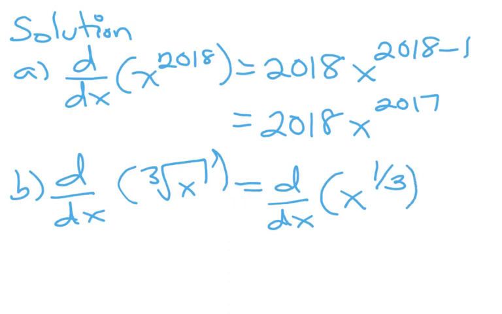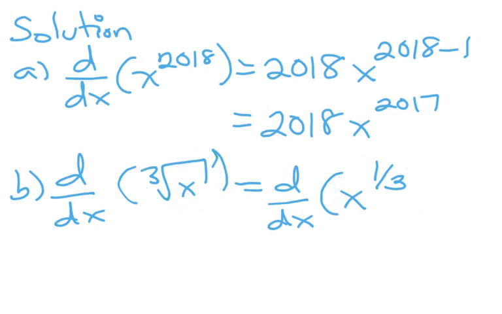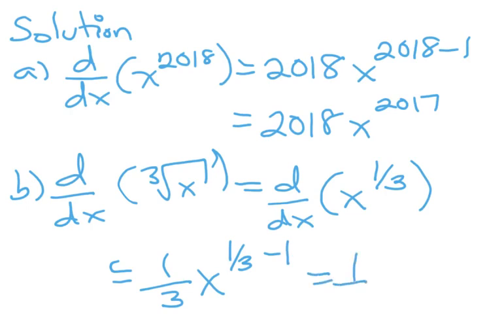But it's important that you know how to go from a radical to a fractional exponent. If you want to use this power rule, you need to be able to go from one to the other quickly and correctly. Otherwise, you're going to be getting wrong answers. However, once you've done it, it's fairly easy. You go 1/3, x to the power of 1/3 minus 1, which means you just need to subtract a fraction and get negative 2/3.